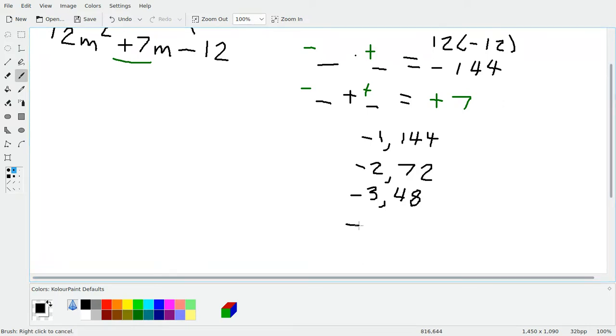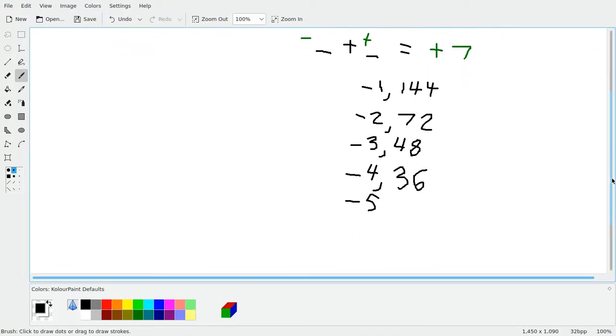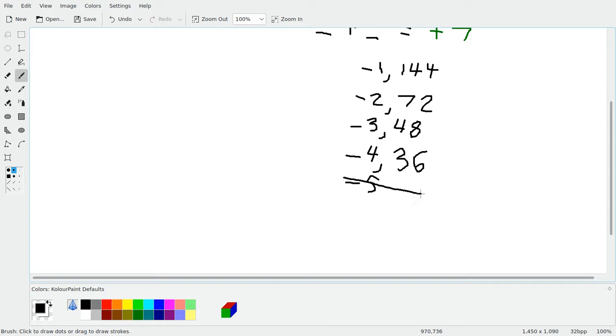Well, let's continue. Negative 144 divided by negative 4 is 36. Negative 144 divided by negative 5 is a decimal, so you skip it. Negative 144 divided by negative 6 equals 24.